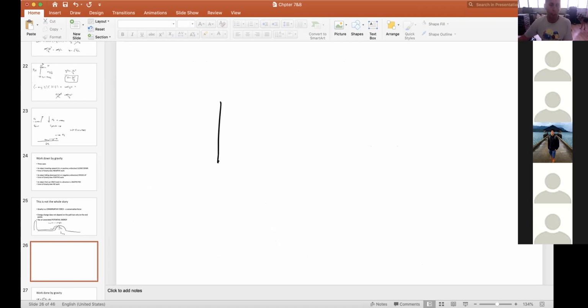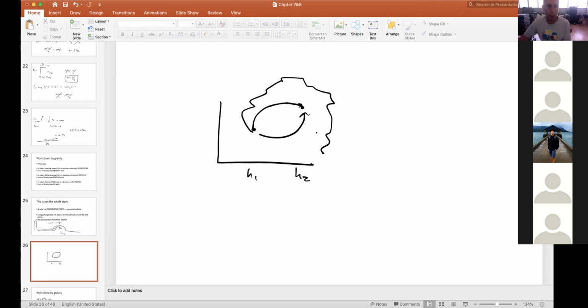It turns out that when you have a conservative force, and you're moving from H1 to H2, if you go like this, or you go like this, or you go like this, and come back, no matter what path the particle takes, the only thing we care about is the endpoints. We only care about H1 and H2. That's what makes it conservative.